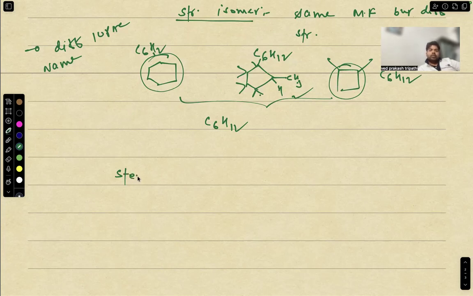Now next is stereoisomer. Same molecular formula, same group or atom, but difference in arrangement.